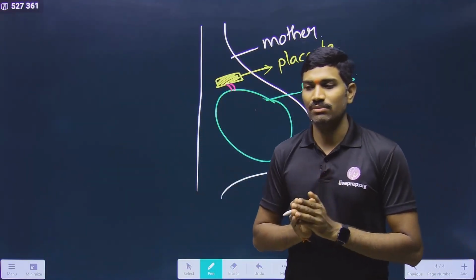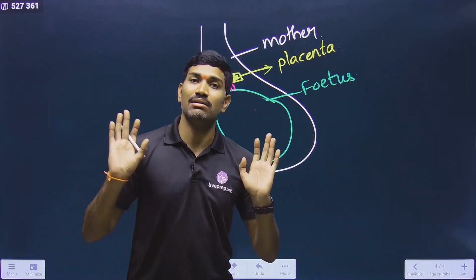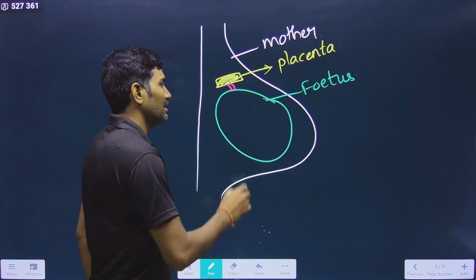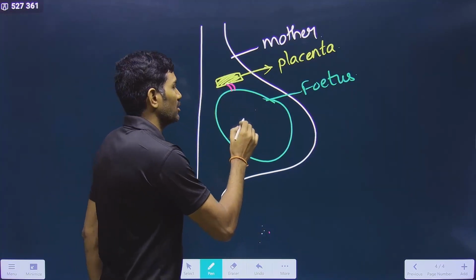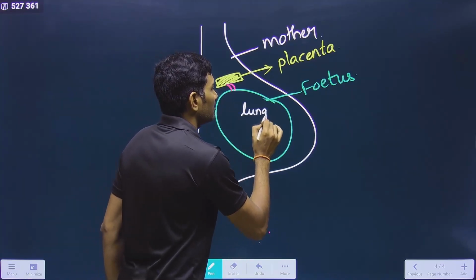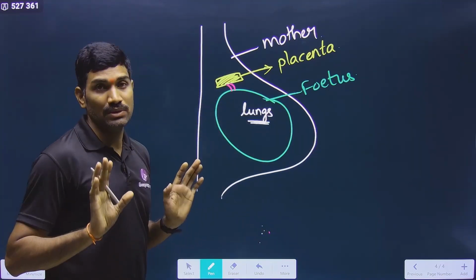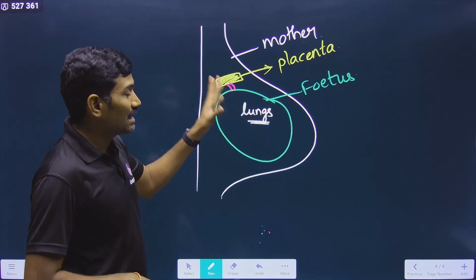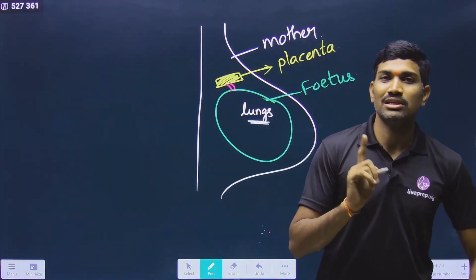So as it keeps developing, various organs slowly develop. Even within the fetus, lungs are developed. Even though lungs are developed, they are not functional. Please understand this particular logical concept.